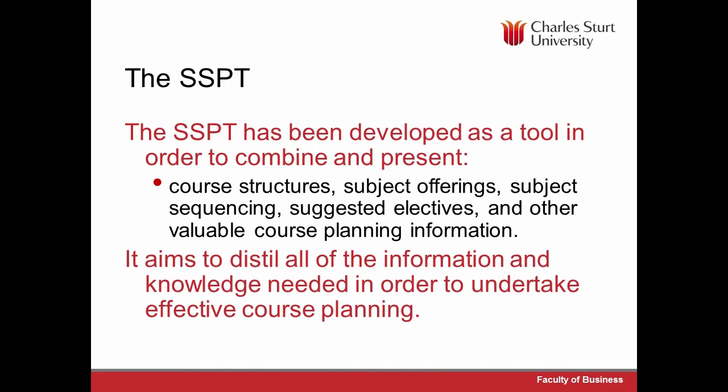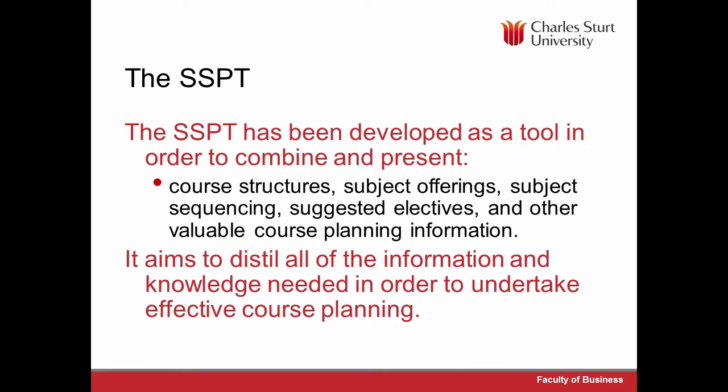Okay, so this new subject selection and planning tool combines a whole lot of information that we need. It combines course structure, subject offerings, that means which semesters a subject is offered in. It provides subject sequencing. We often know that as prerequisites or assumed knowledge. Which subject should you take first? Which subject should you take later on?